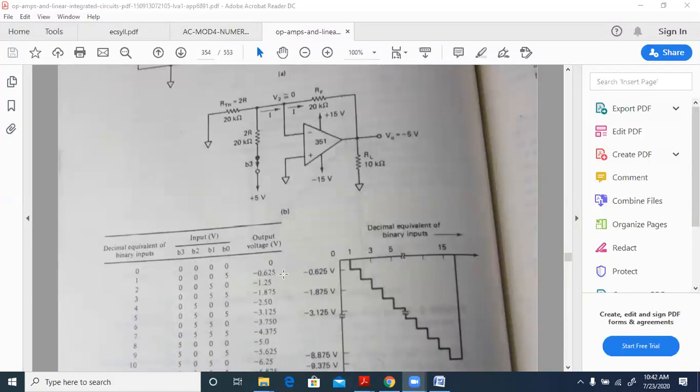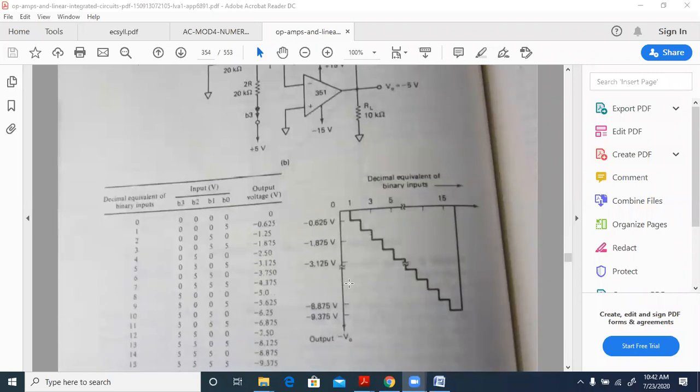So you can see that steps are in the form of minus 0.625, and you can just go on writing like that. Because it is 4-bit, you can multiply it by 15, and that will give us the maximum value.